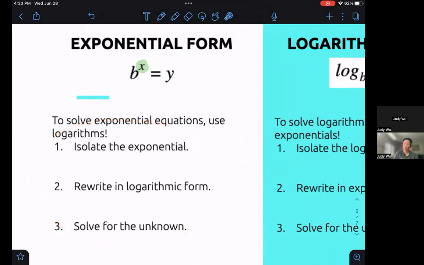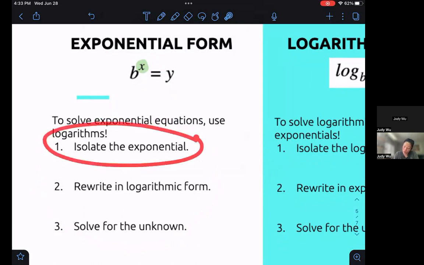Every time we have an exponential equation, if we go through these 3 steps, we'll be able to get to the right answer. Sometimes it might be longer, like if we have the same base, we might not want to use this, but we could use it, it would just take longer.